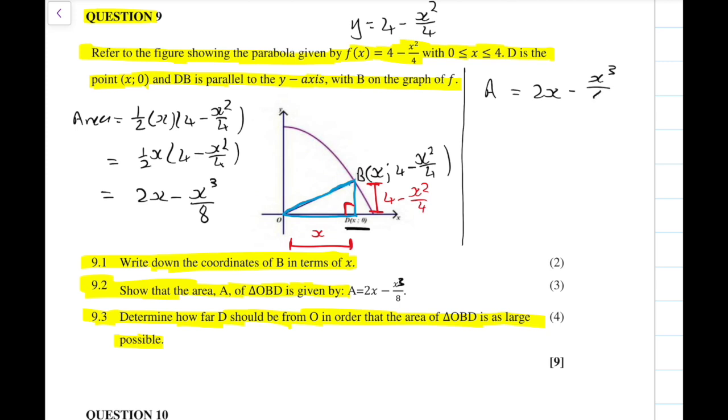The first derivative is going to be 2 minus 3 over 8 x squared. We solve for this here, step by step. 3 over 8 x squared is equal to 2. That's 16, so x squared is 16 over 3.